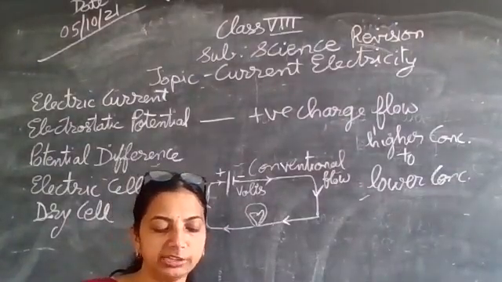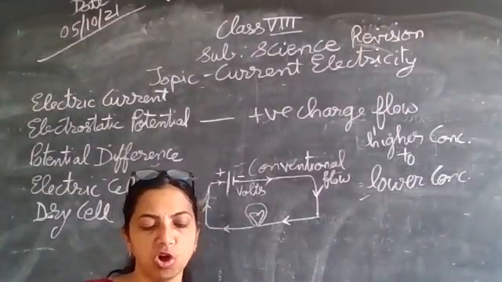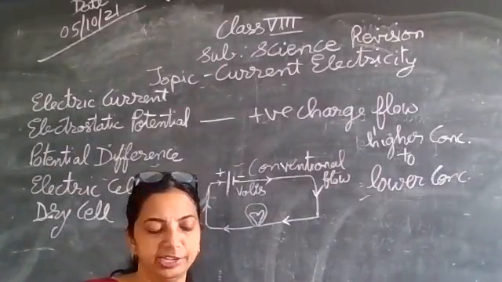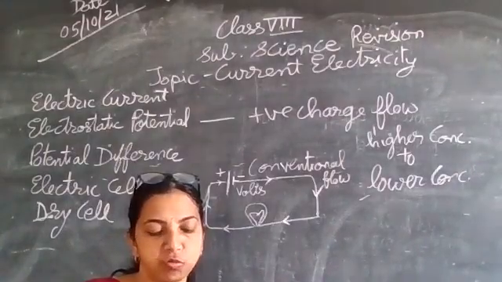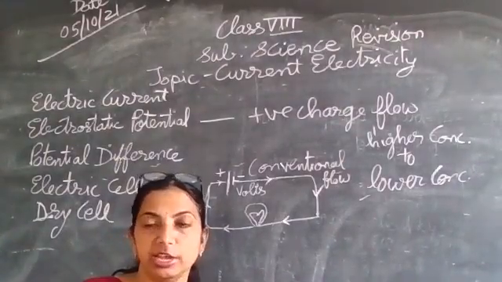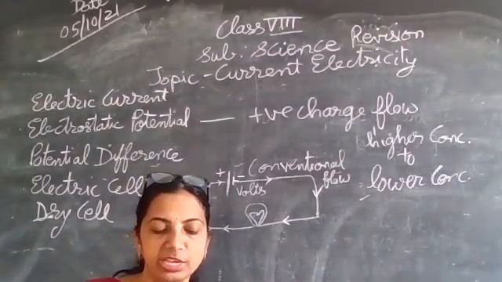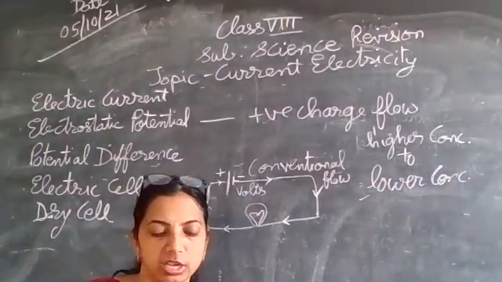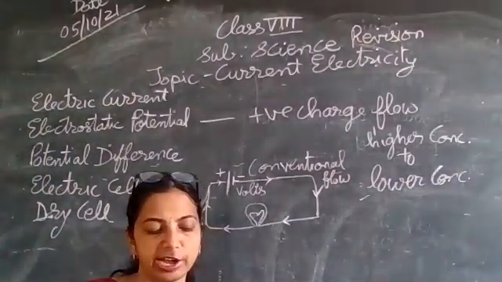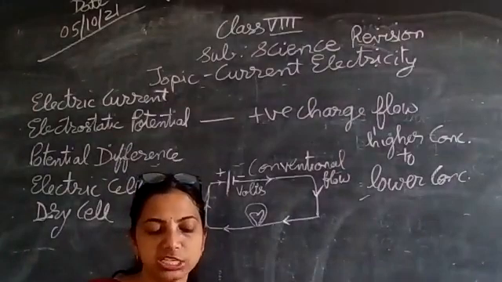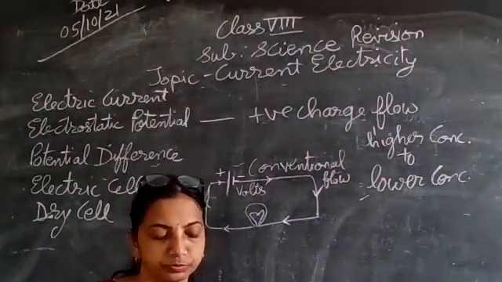We have seen that electric current is produced only by the flow of charged particles, and the charge flowing through a wire in 1 second is called unit current. The SI unit of electric current is coulomb per second, or ampere.